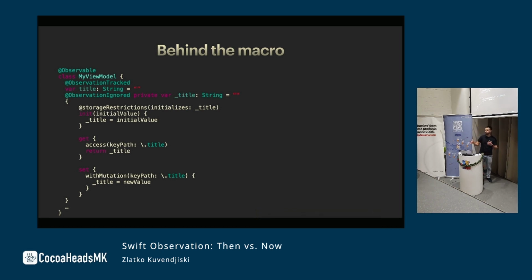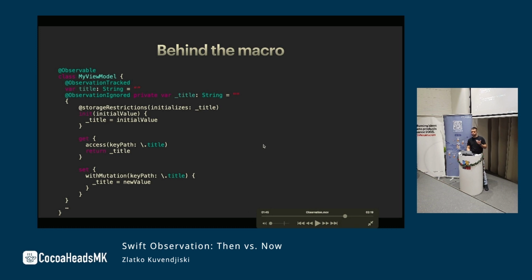So long story short, what happens is basically this registrar that we saw before takes note of who is accessing this particular property. And when anybody mutates this property, it will check within its list or dictionary whoever accessed this property, and it's going to notify them afterwards so that automatically the view is redrawn.